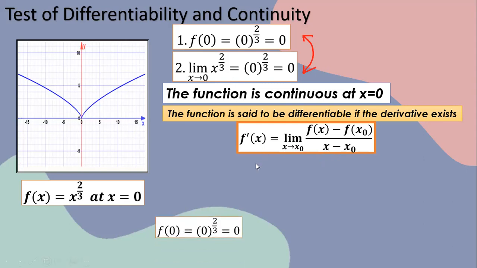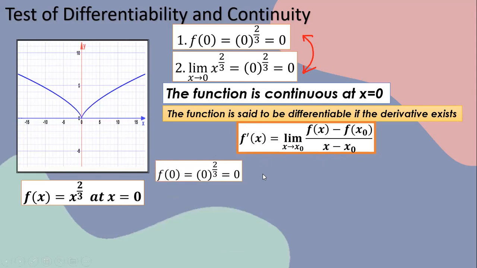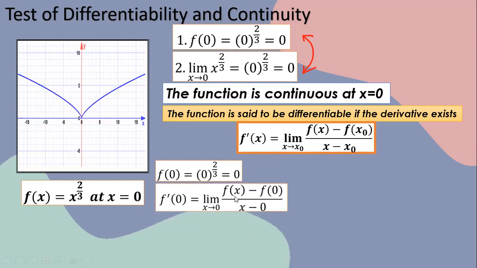First, we have to evaluate f of 0 to be used in our formula. So f of 0 is 0 raised to 2/3, which is also equal to 0. Now, f prime of 0 is equal to the limit of f of x minus f of 0, since 0 is the given value of x, over x minus 0 as x approaches 0.